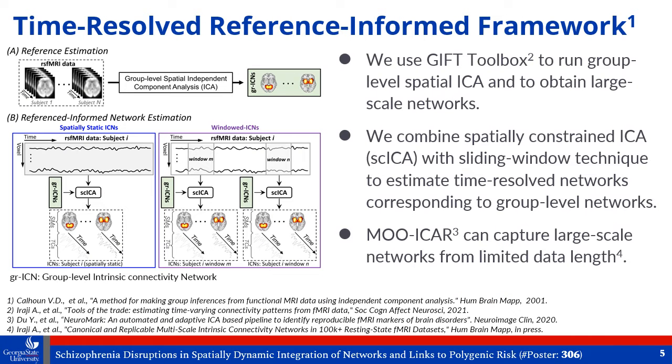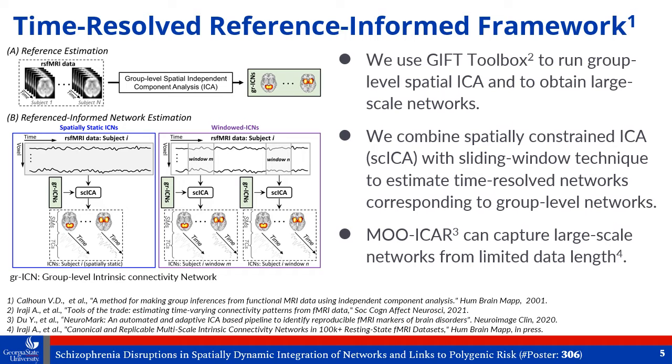Here, inspired by the group inference framework, we introduce a time-resolved reference-informed network estimation technique to capture time-varying spatial networks. First, we run a group-level spatial independent component analysis, ICA, to obtain group-level networks.